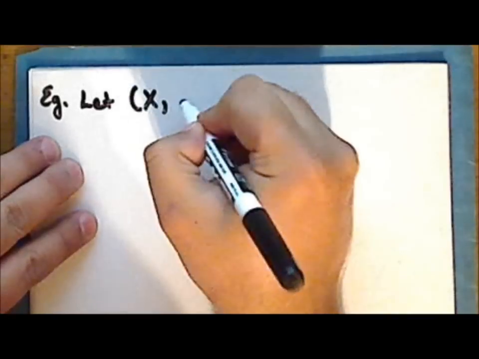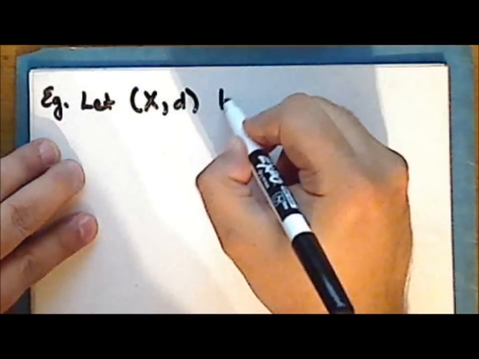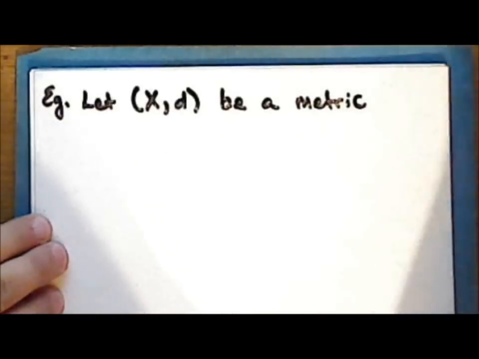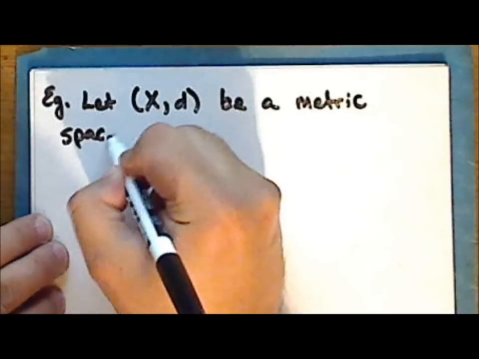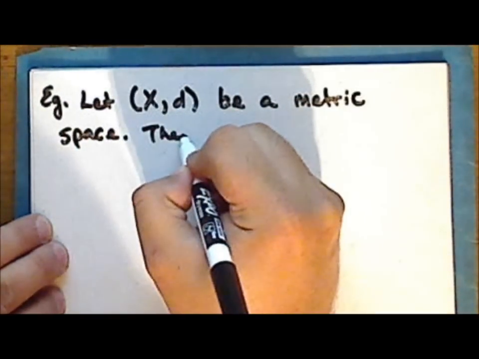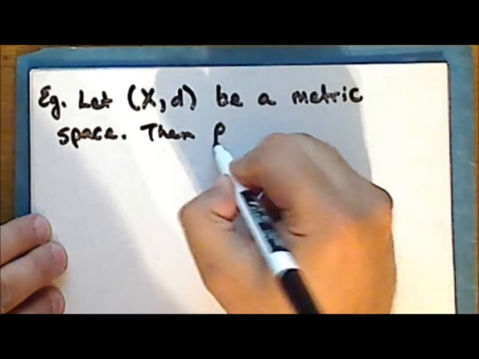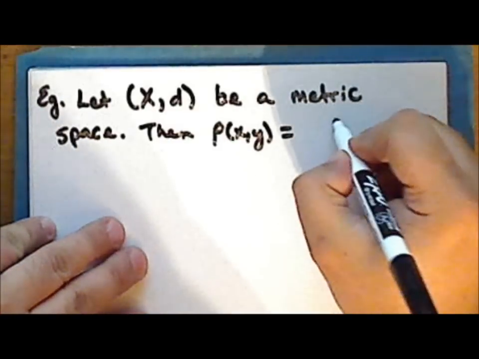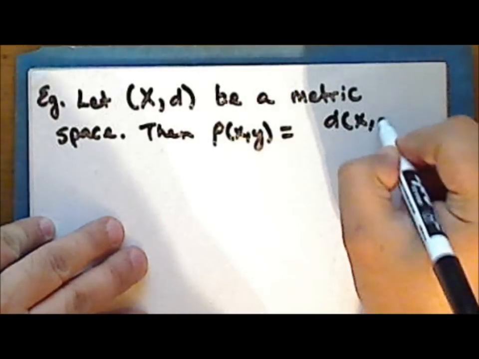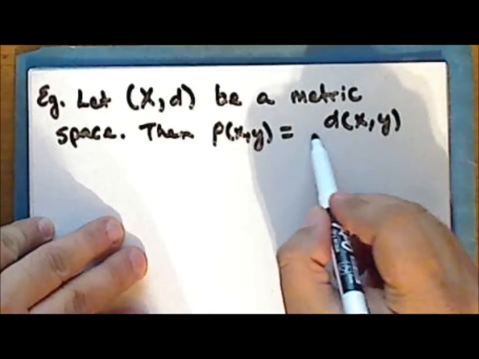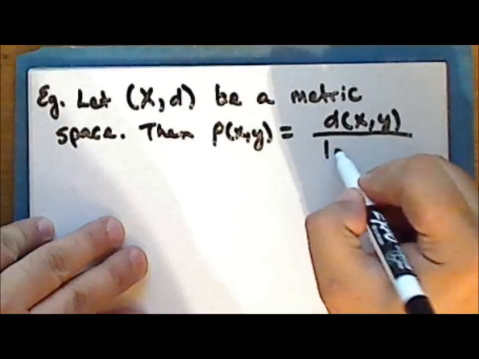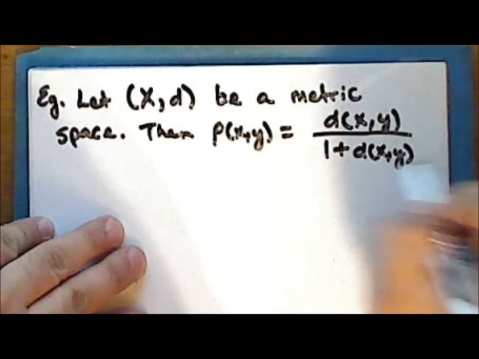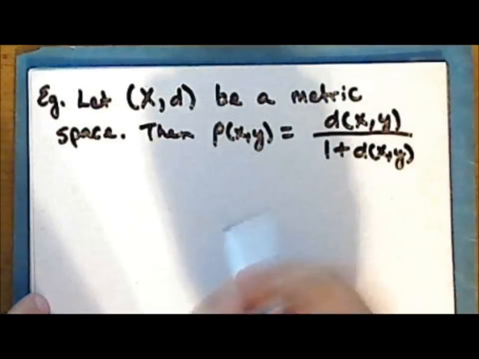Let the set X together with some metric d be a metric space. Then the function rho, which is defined as the ratio of the distance from x to y in the metric d to the sum of 1 and the distance from x to y in the metric d.